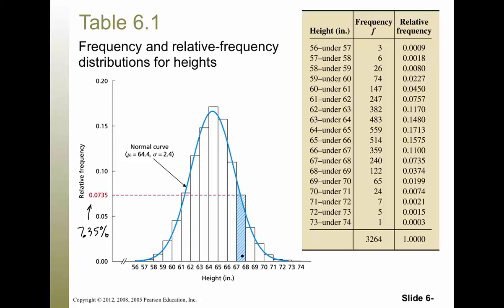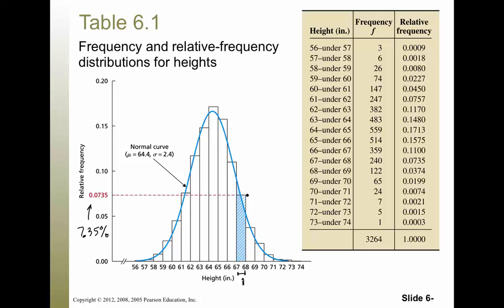Okay, now I want you to notice something. See how they shaded that blue rectangle there? What's the width of that rectangle? 1, right? And what's the height of the rectangle?